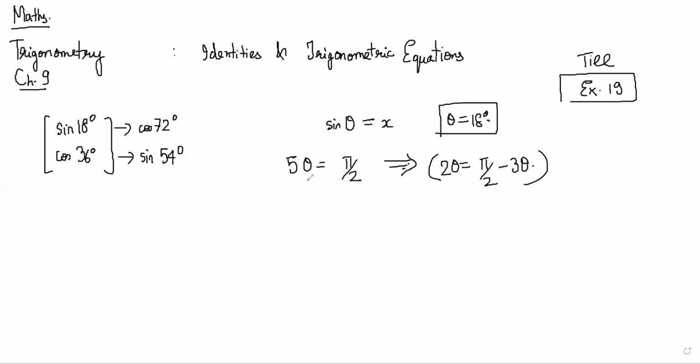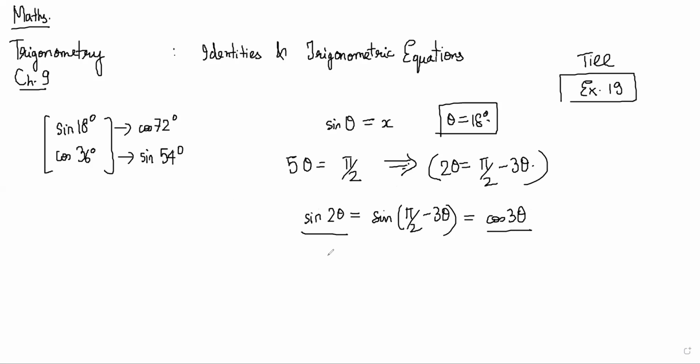Take sine on both sides. You get sine 2 theta is equal to sine of pi by 2 minus 3 theta, which is cos 3 theta. Basically, sine 2 theta is equal to cos 3 theta.